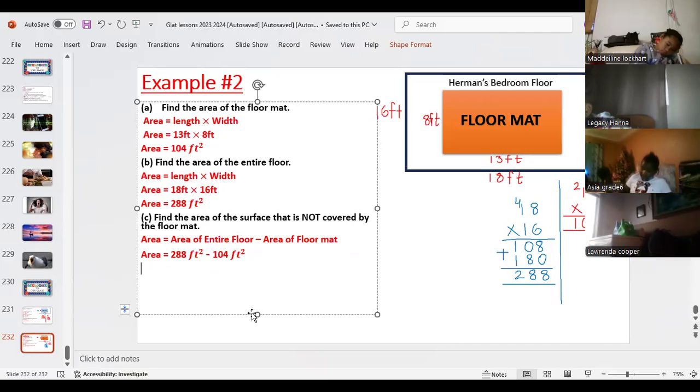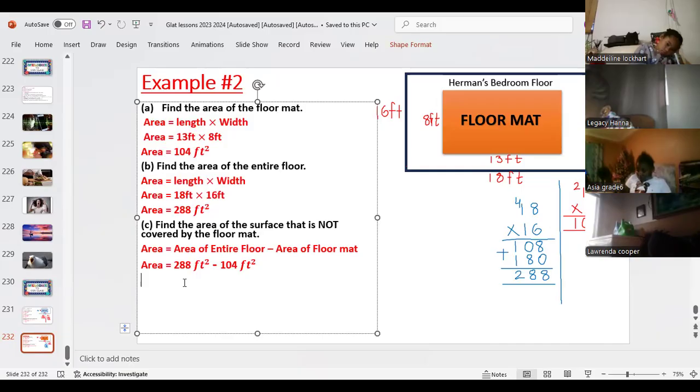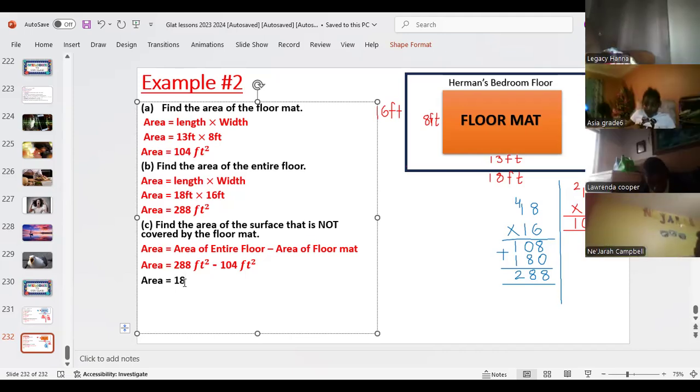Very good. And so we have that the area is going to be equal to 288 feet squared minus 104 feet squared. It gives us what? 184 feet squared. Very good.